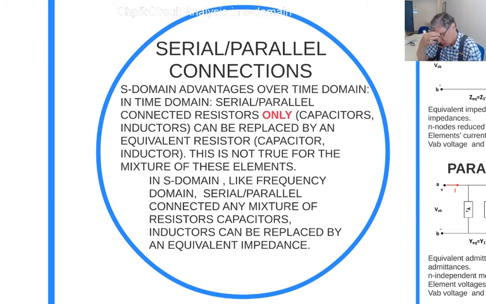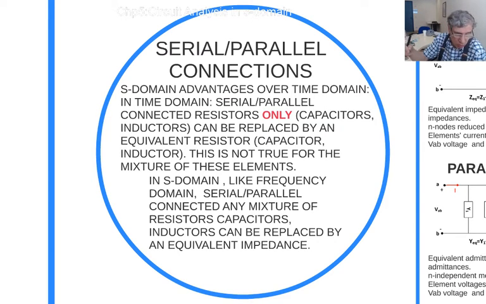So that is a comparison of three domains. In time domain you cannot do that, but in frequency and S domain you can find the equivalent impedance for a mixture of RLC elements.